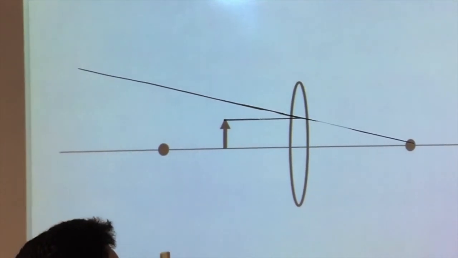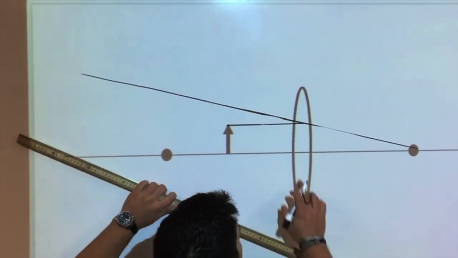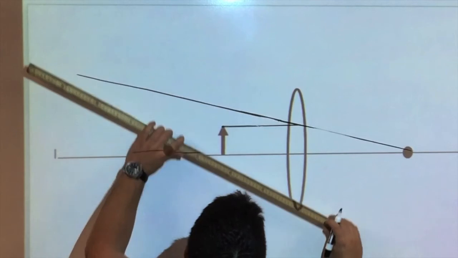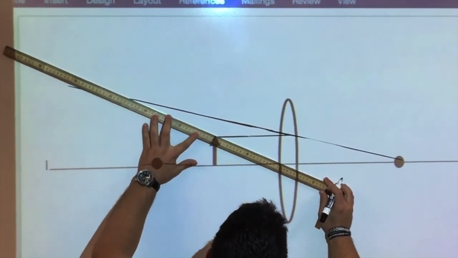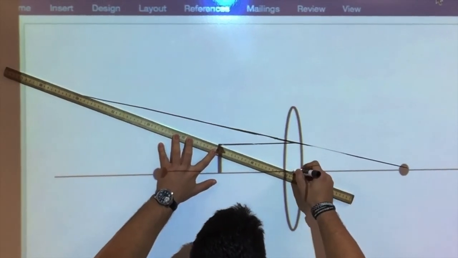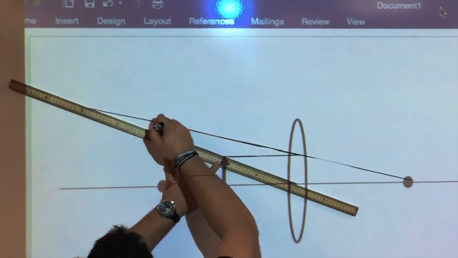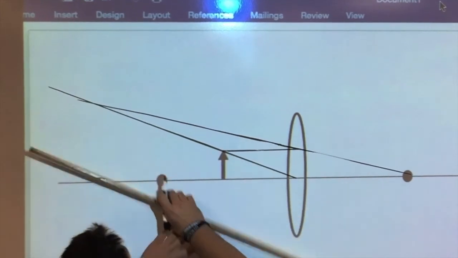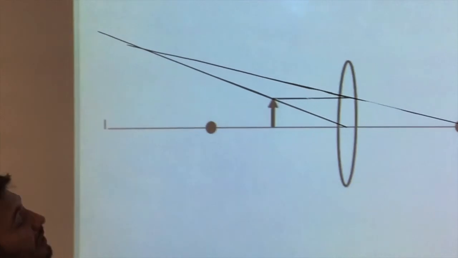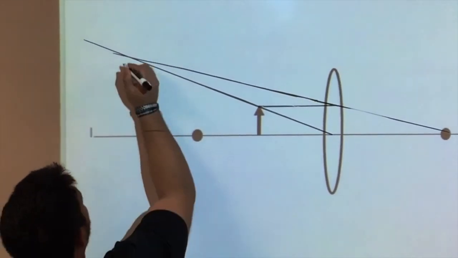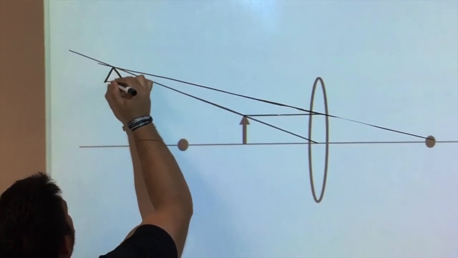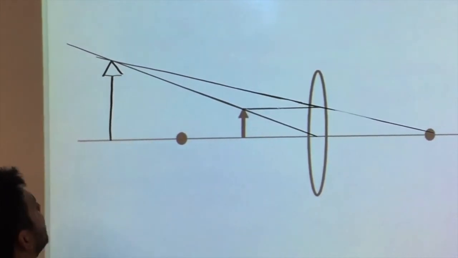For our next line, it's going to go from the center of our lens through the tip of our object. We're going to start here and draw our line right there. Where these lines intersect is where the tip of our image is going to be formed.